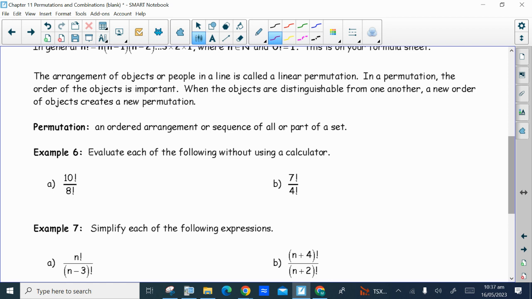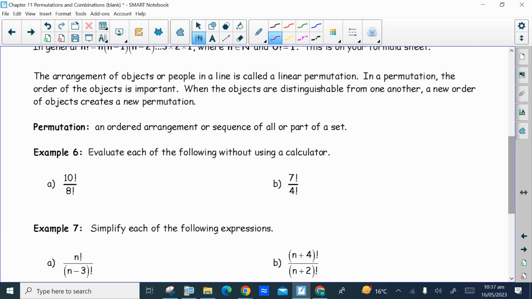Permutations are used when order matters. When you change the order, do you get a different arrangement? That's a permutation. That is different than a combination. A combination is where items are being selected, but the order that they're arranged doesn't actually matter. So I'll give you an example. Let's say that students are running to be on the grad council, and there are positions. There's a president, there's a vice president, and there's a secretary.